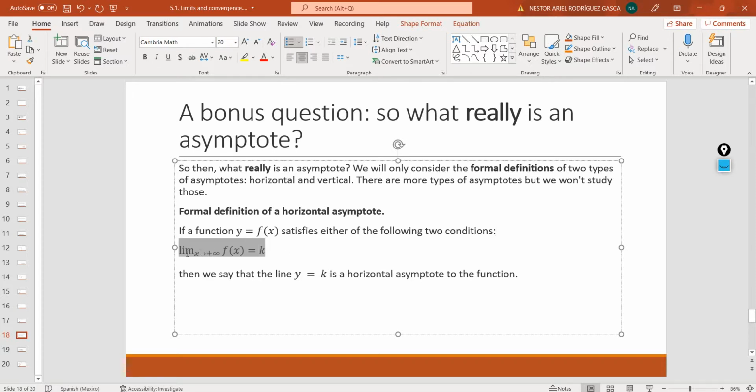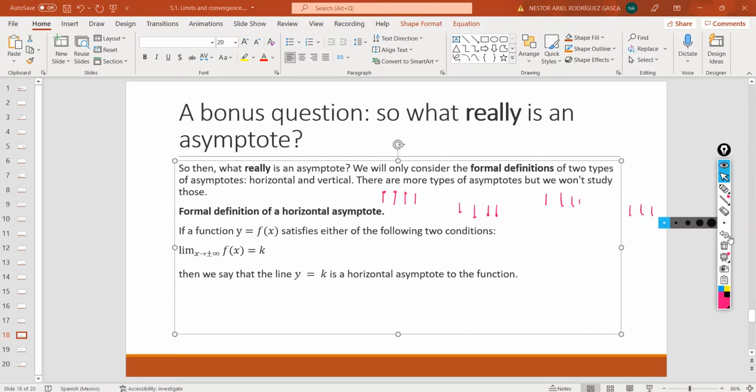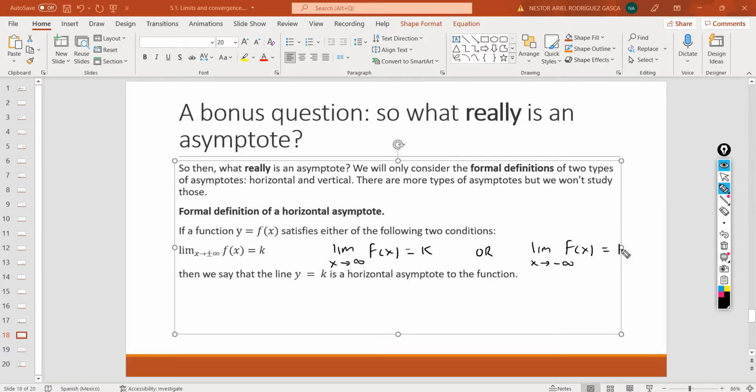When you see this type of thing, guys, what mathematicians are telling you is that you should consider the case with the plus. This is the same as this: the limit as x approaches infinity of f of x equals k, or the other case, the limit as x grows towards minus infinity of f of x equals k.